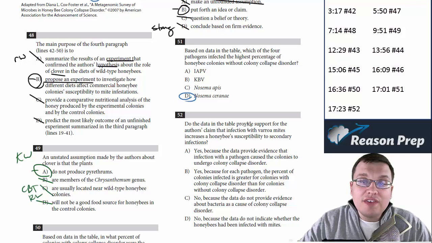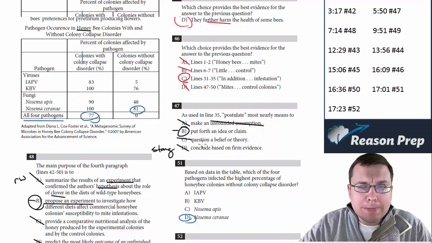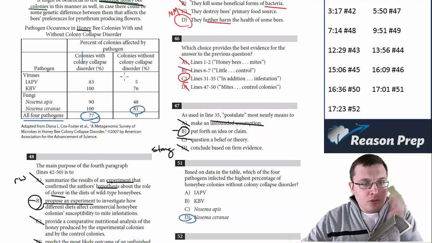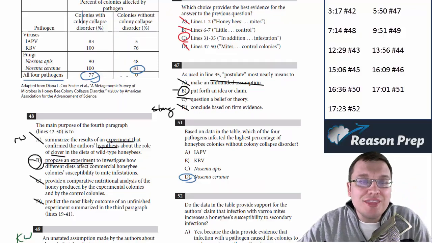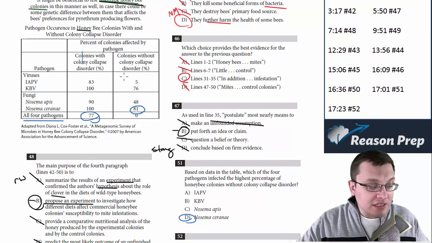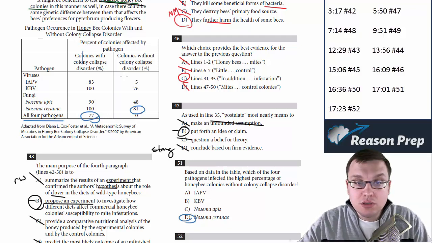Do the data in the table provide support for the author's claim that infection with Varroa mites increases a honeybee's susceptibility to secondary infections? So we look at this table. Notice the table shows us nothing about the Varroa mites. All we know is that these are colonies with colony collapse disorder for whatever reason.